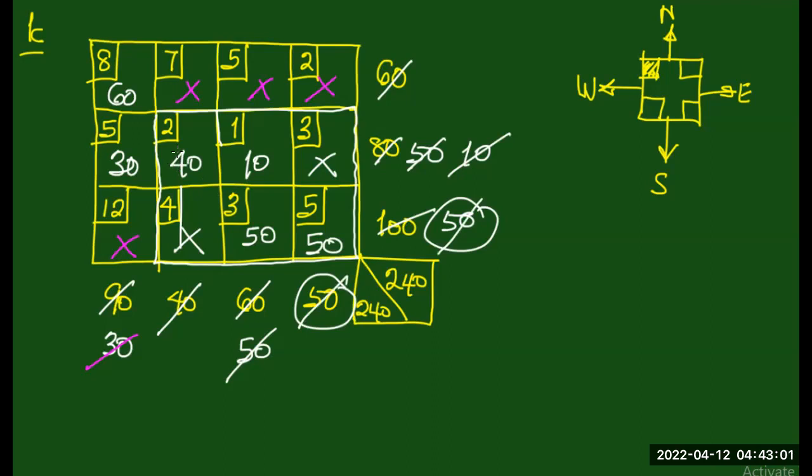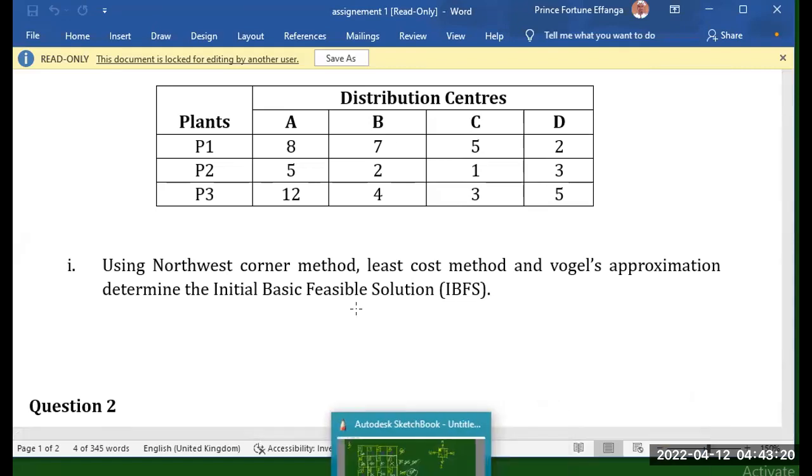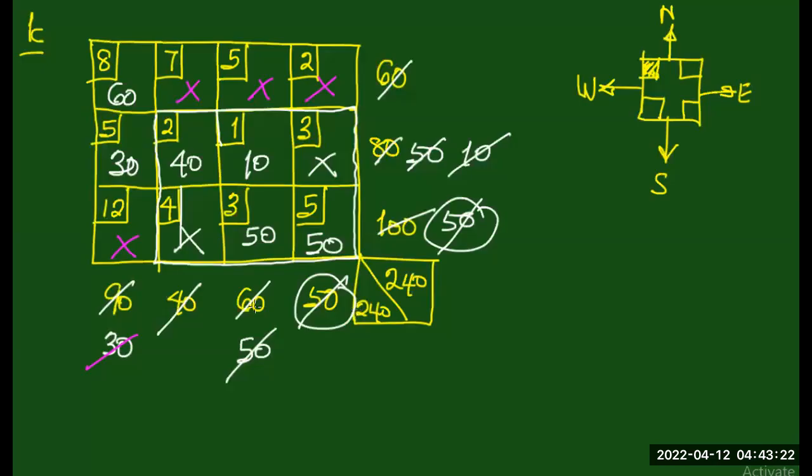Right? So it means that our transportation problem, our initial basic feasible solution is, this is 60 times 8.